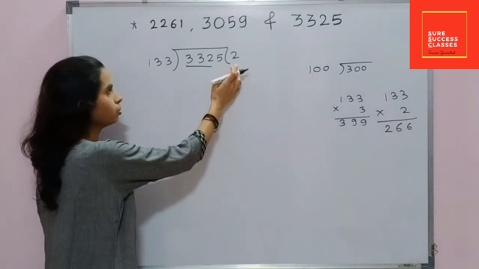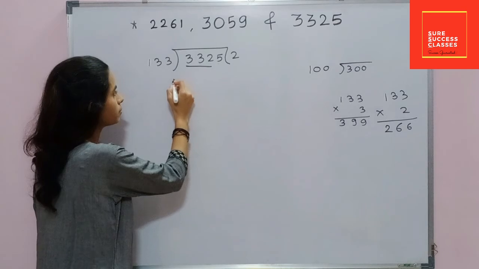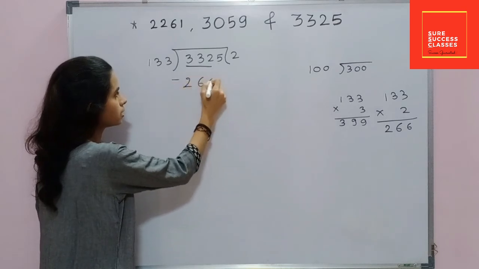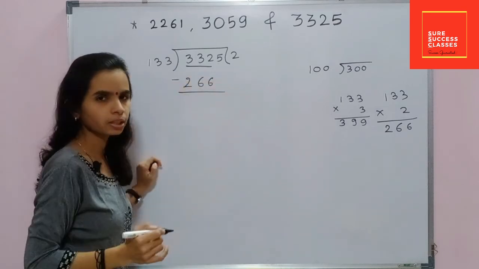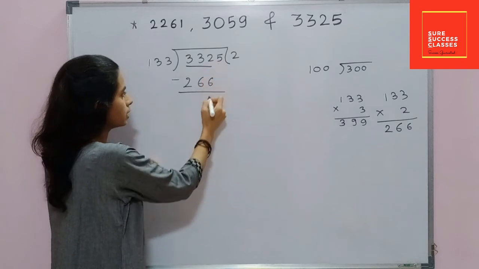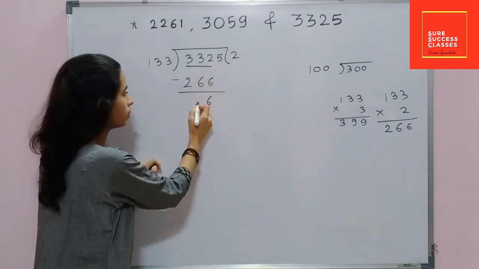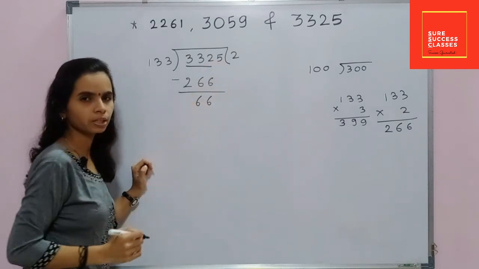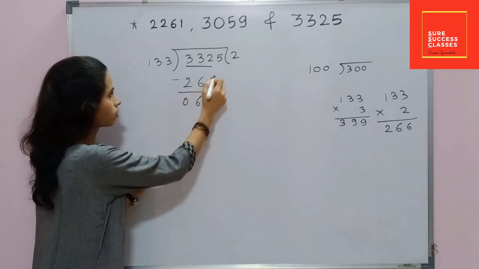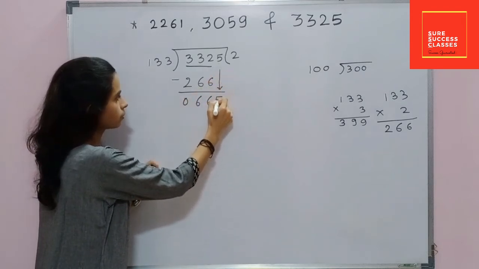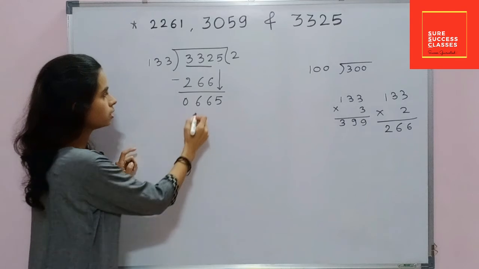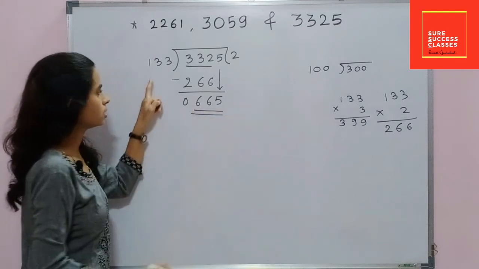We will write 2 as a quotient and subtract this 266 from 332. 12 minus 6, 6, again 12 minus 6, 6 and 2 minus 2, 0. We will carry this 5 here and this is again greater than this one.